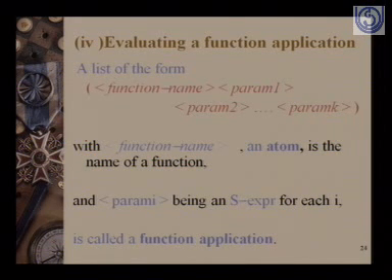Now in this particular case we are discussing how a function is defined. For example, we want to find out the sum of any two given numbers. Or, more generally, we are interested in finding out the sum of squares of two given numbers.